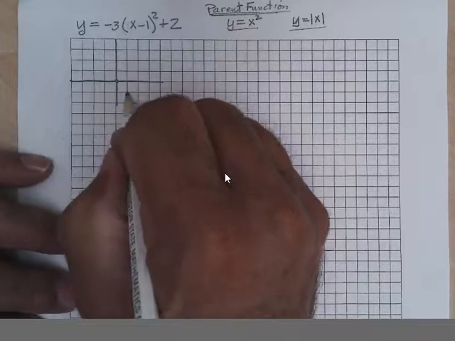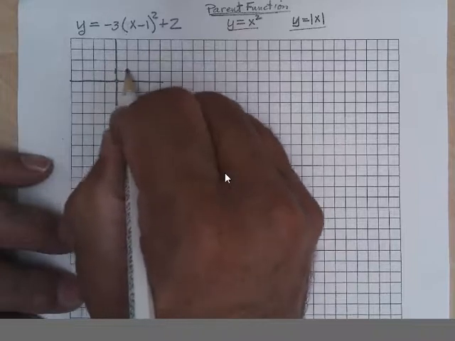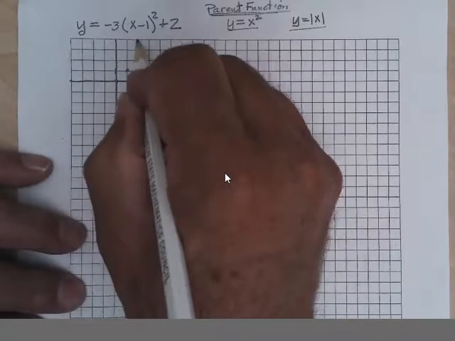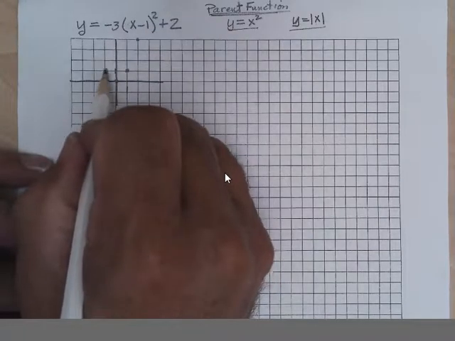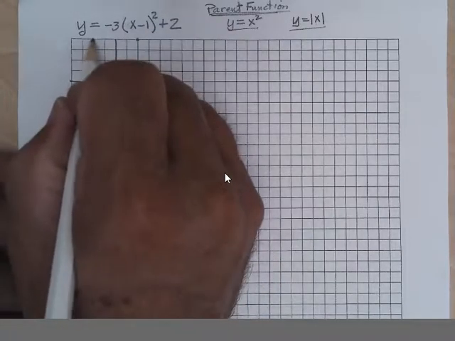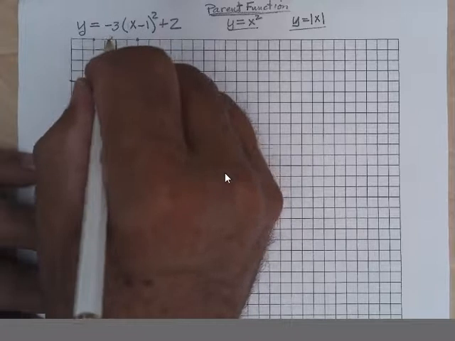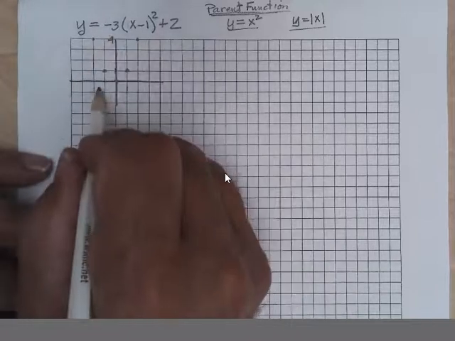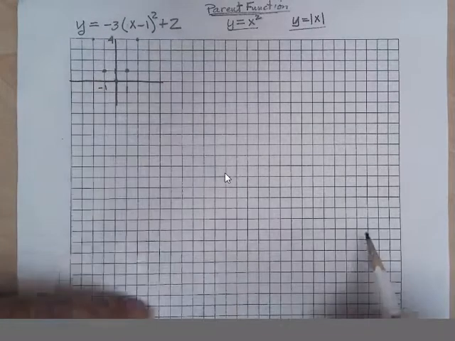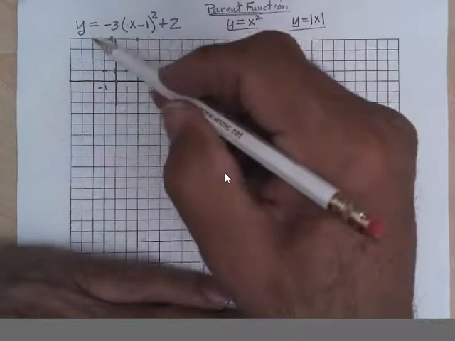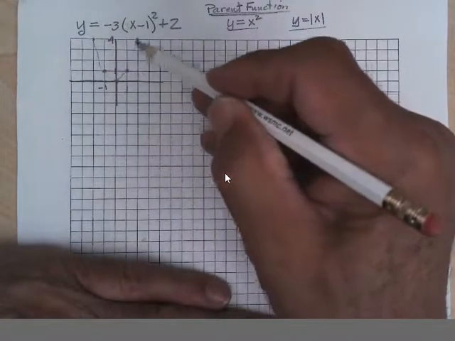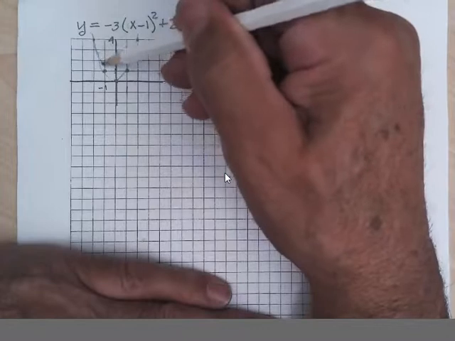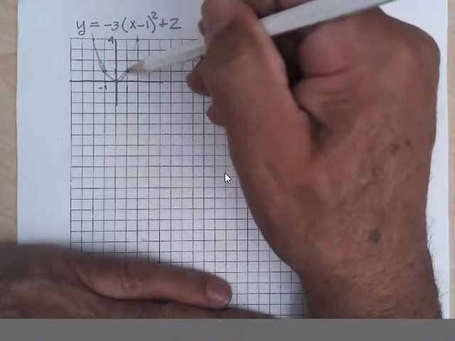If you put in plus 1, you get 1. If you put 2, you get 4. If you put minus 1, you get 1, and minus 2, you get 4. So you need to have units on your graph, at least enough to know where things are.